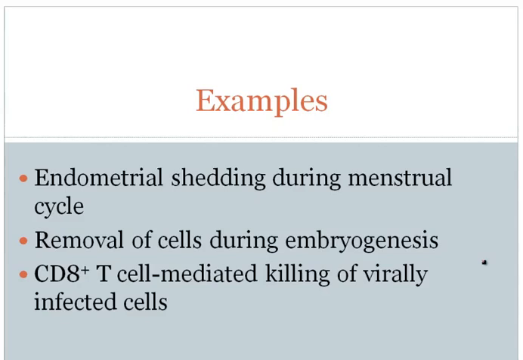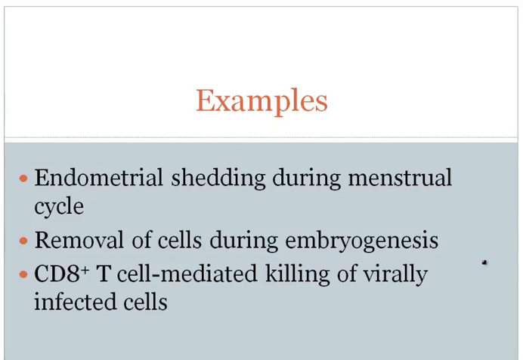And a third classic example of apoptosis would be the killing of virally infected cells by CD8 positive T cells. Now, recall that when a virus infects a cell, the proteins of that virus are actually produced by the genetic machinery of the cell, and therefore, because these are endogenous proteins, they'll be expressed on MHC class I. MHC class I is present on all nucleated cells and platelets, and it expresses endogenous protein.